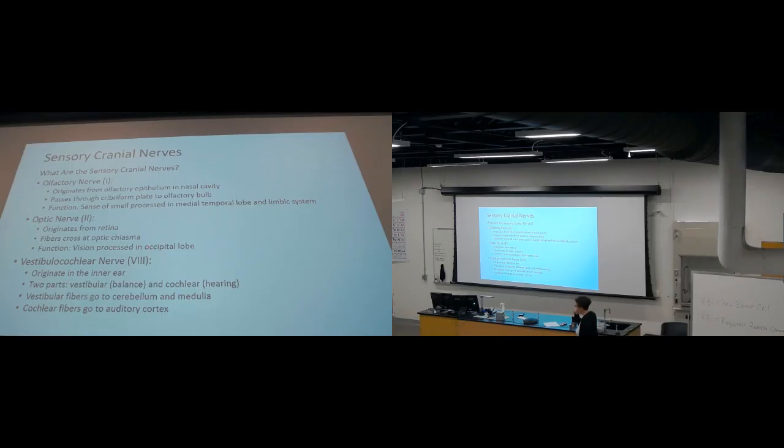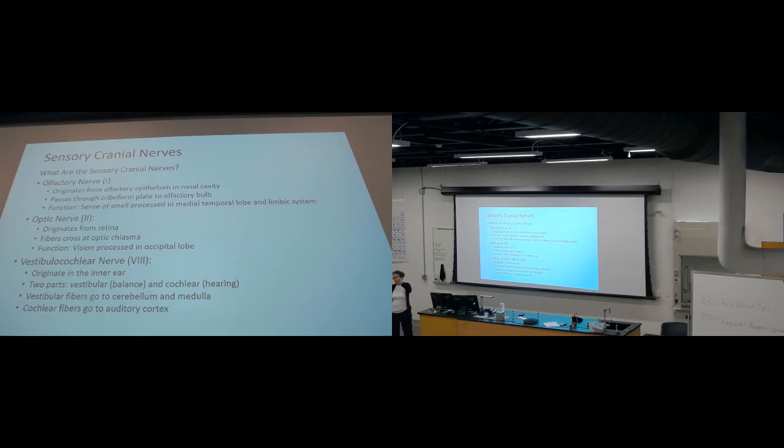Olfactory, it starts at the olfactory mucosa in the roof of your nasal cavity, extends axons that go up, traverse the cribriform plate of the ethmoid, and then connect in a region of the brain below the frontal lobe that is called the olfactory bulb.